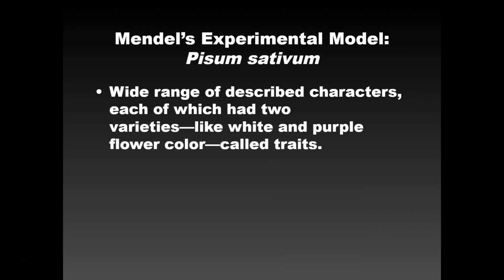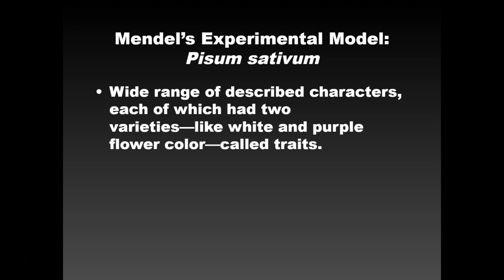There's a wide range of characteristics that he was looking at, each of which had several varieties, which are called traits. And he got kind of lucky because genetics is actually a little bit more complicated a lot of the time than what he was looking at. But he got lucky.